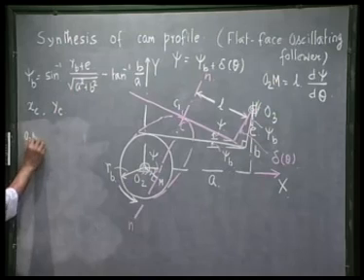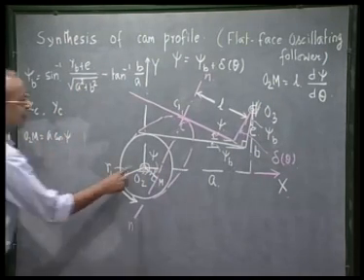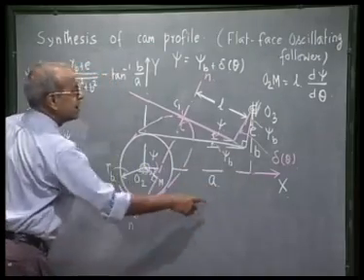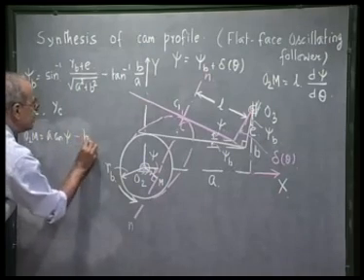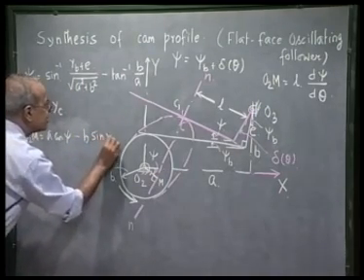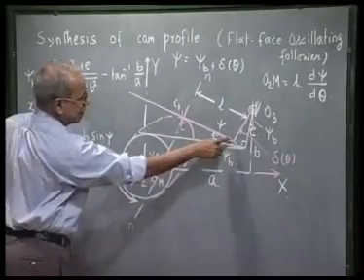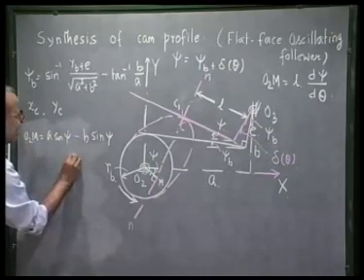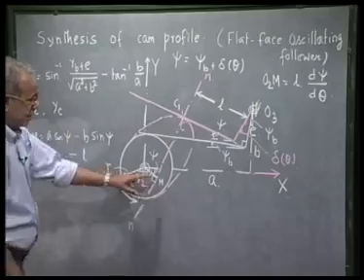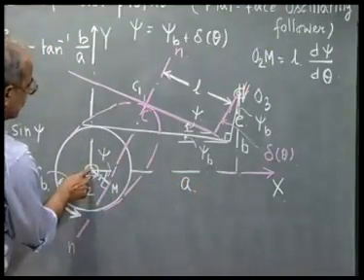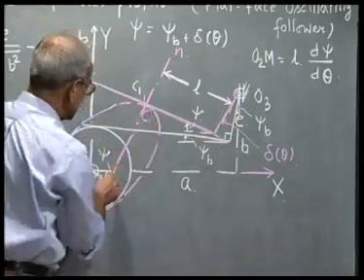O2m is A cos psi minus B sin psi. E is perpendicular to M, so there is no component, and then minus L. O2m is, I am going from O2 to M in this way, O2 to this point, to this point, to this point, to this point, and this point.